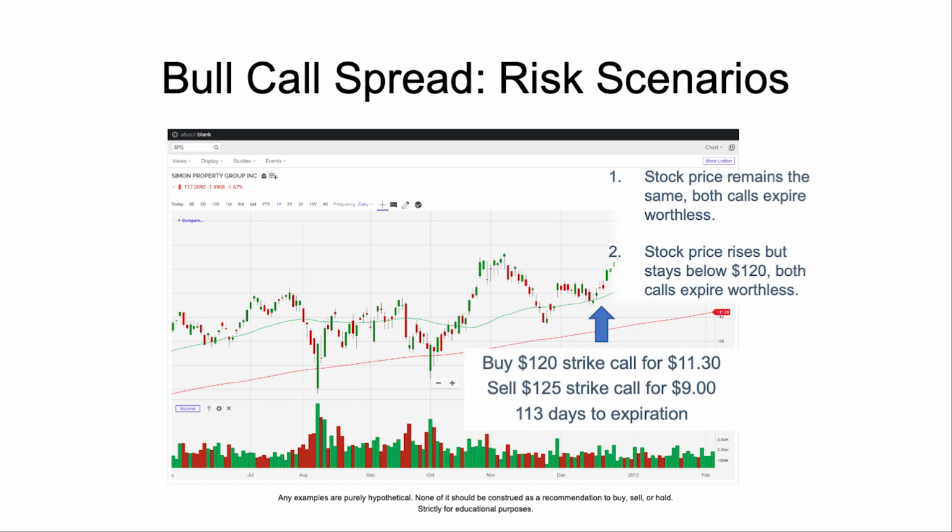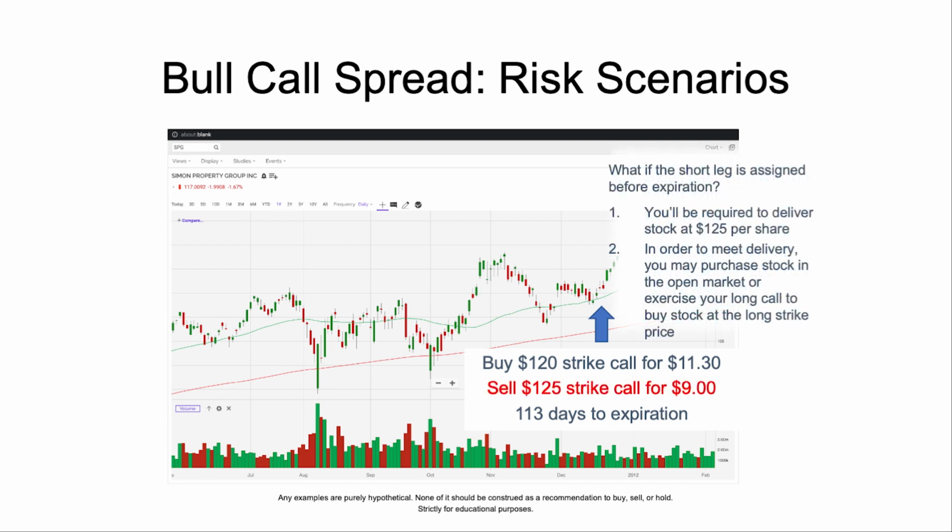In that instance, both calls expire worthless and we've lost our $2.30. But we could also see a situation where the stock rises a little bit, but still stays below 120. Let's say it goes to 119. So the stock price has gone up, but not enough for us to profit from any part of the spread. Again, both calls expire worthless and we've lost our net debit.